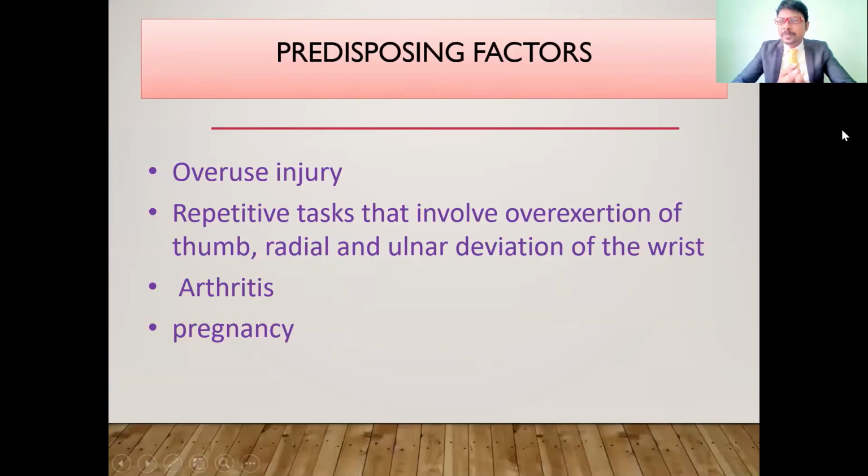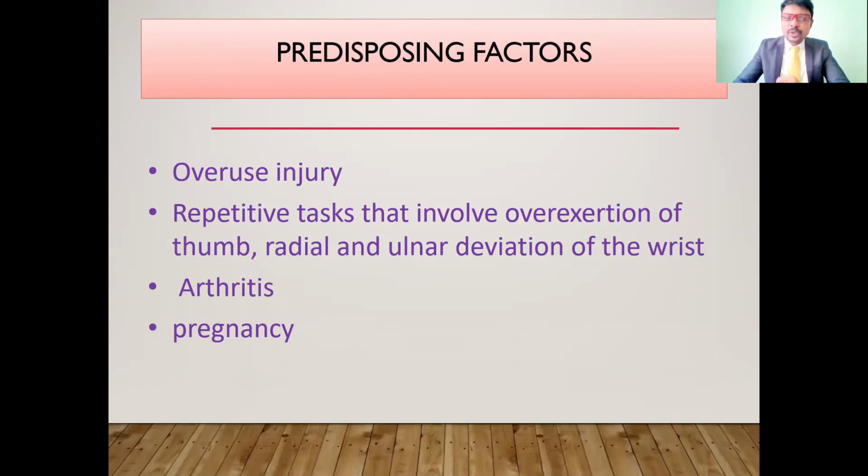Okay, coming to the predisposing factors. Those especially prone to this type of injury are those with overuse injuries, who use the hand for a prolonged time, for example using the mouse, writing, typing, chatting, or carrying weights with the hands.